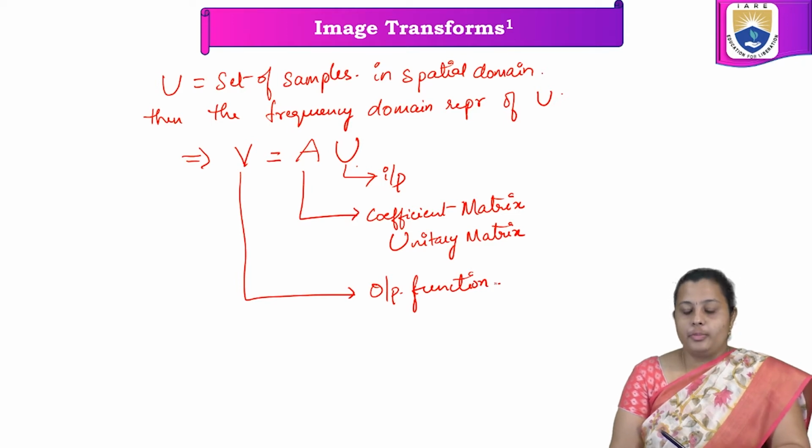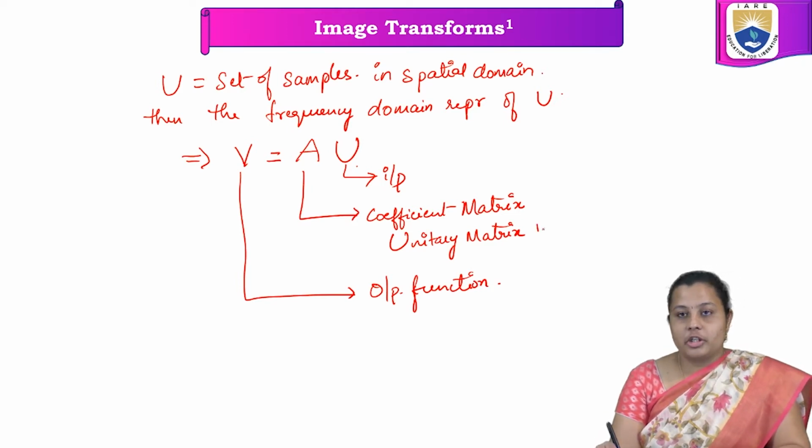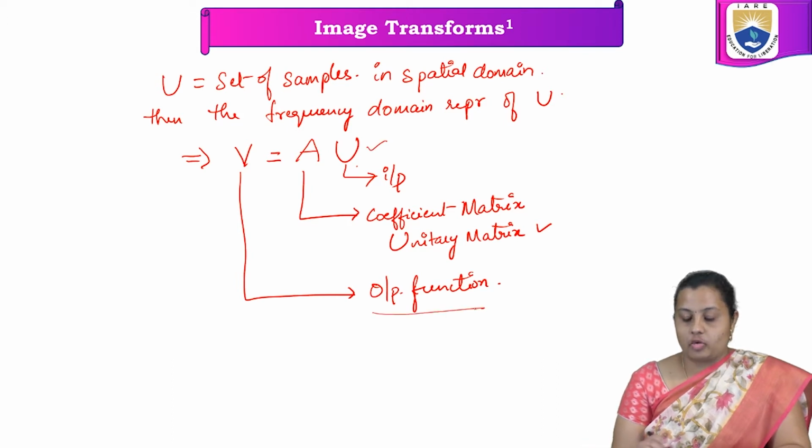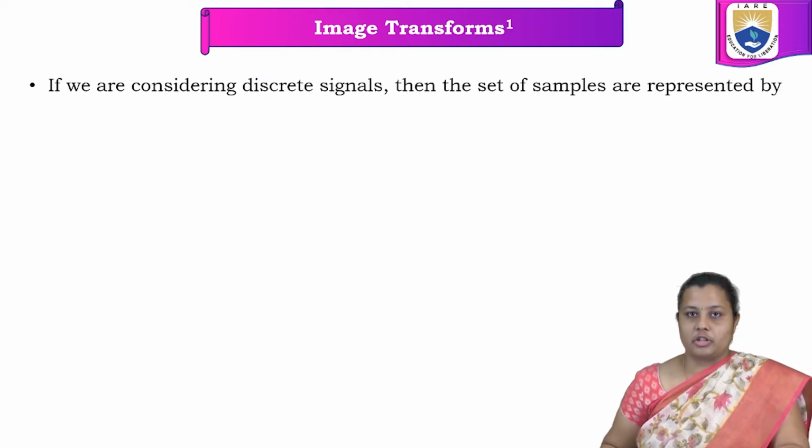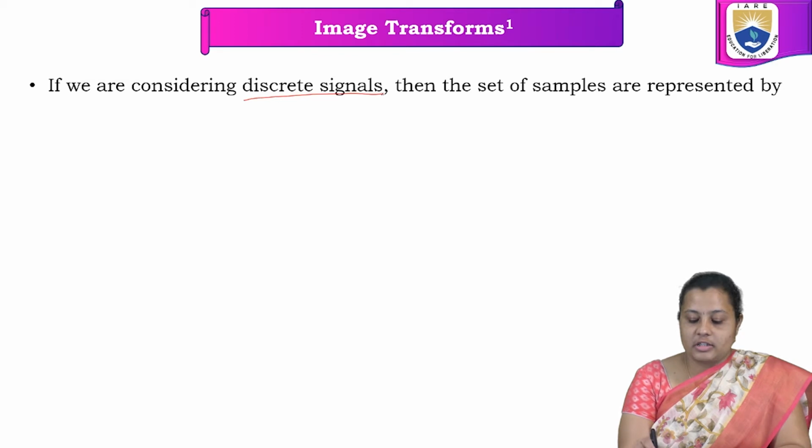So we talked about what a unitary matrix is, how u should be, and what my output function will be. In our image processing, we are considering discrete signals. So u is a set of discrete samples.